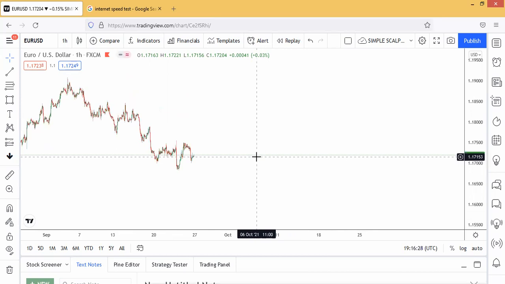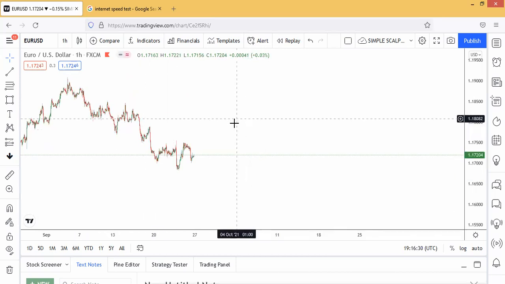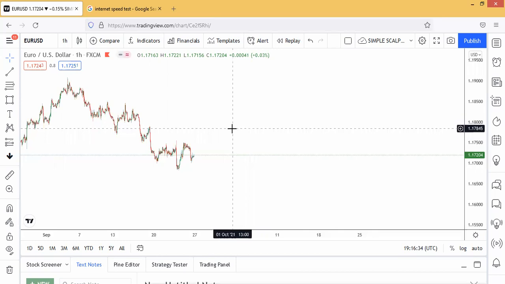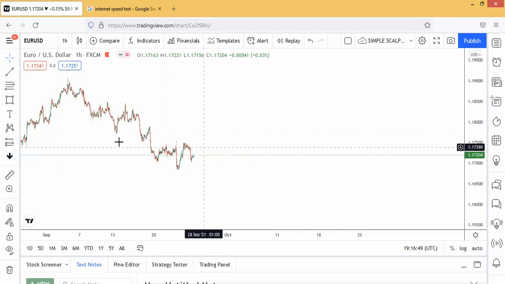Now, what do I have to share with you? We have different types of breakouts, but today I'll be sharing two of them with you. Number one, I'll be sharing the range breakout with you. And number two, the trend breakout.